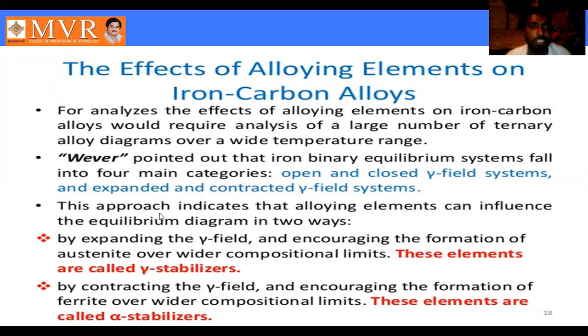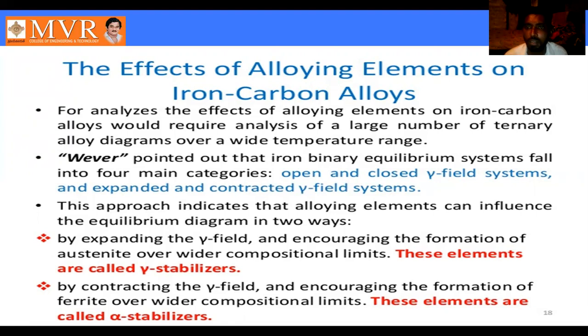So next one is, this approach indicates that alloying elements can influence the equilibrium diagrams in two ways. So in this approach, the alloying elements can influence the equilibrium diagrams. When we use alloying elements in the binary phase diagram, automatically we can see some effects. Why?